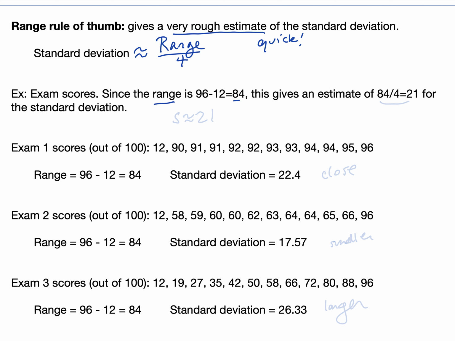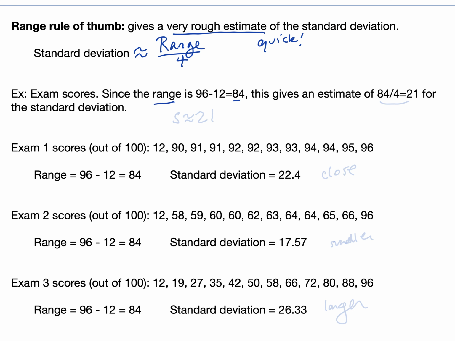This gives us an estimate that S would be approximately 21. And now we see, given these examples, that none of these are exactly what the standard deviation is. This is pretty close, this is a little small, and this is smaller, and this is larger.